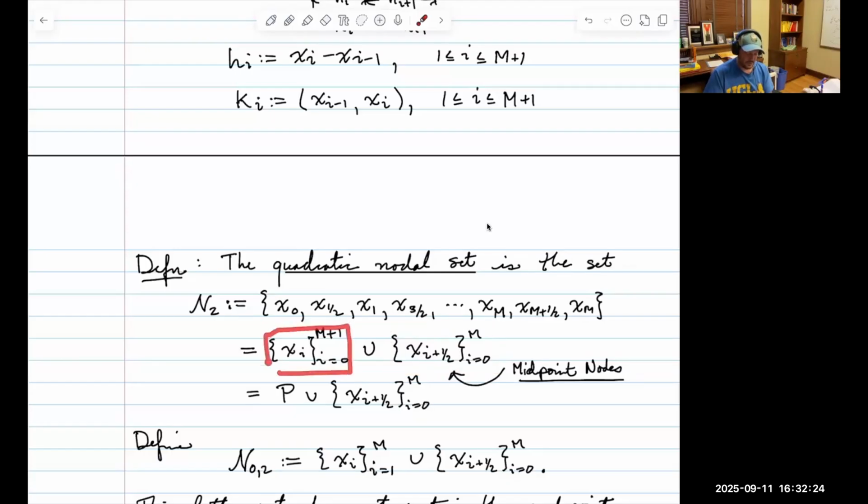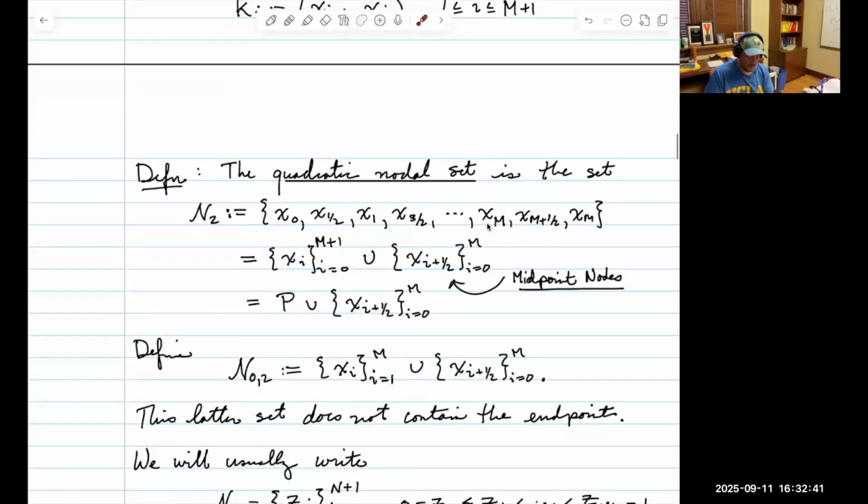Sometimes these are called the vertices, and these are called the midpoints. And the collection of all of them is what we call the quadratic nodal set. So N for node and 2 for quadratic. And it's just the union of the partition and the midpoints of the partition.